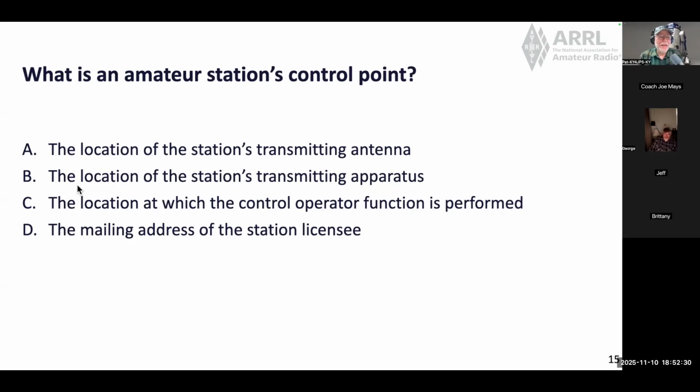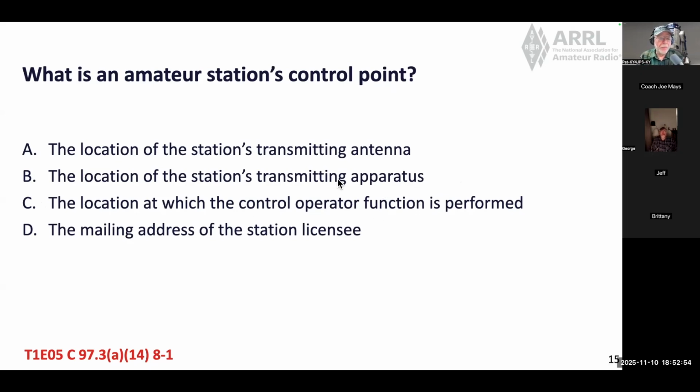Okay. The answer is C, the location at which the control operator function is performed. This part, B, kind of would make sense, where the station's transmitting from. But the answer that they're looking for is the control operator function. That's the key for this question.